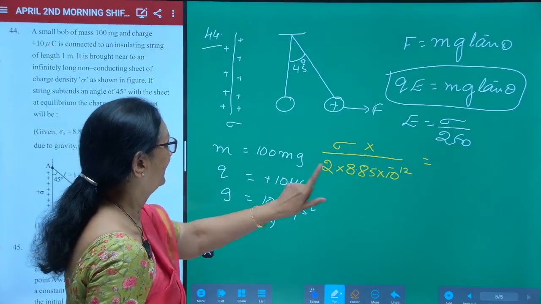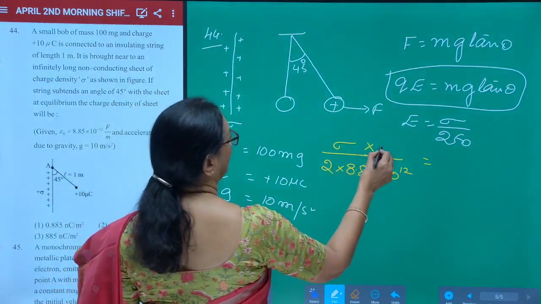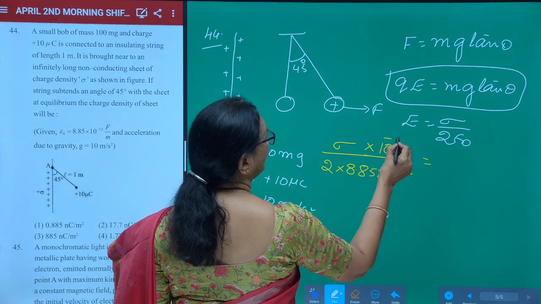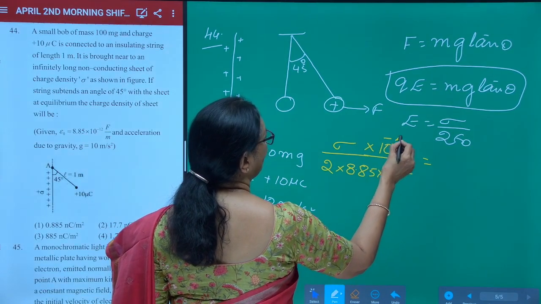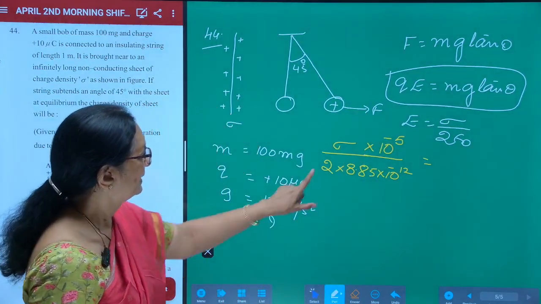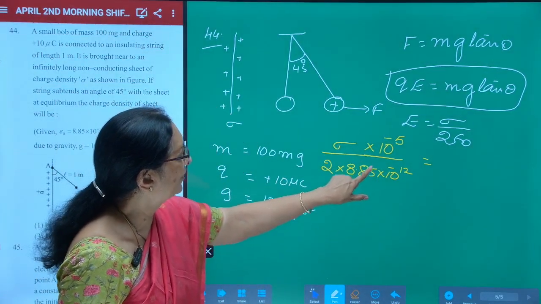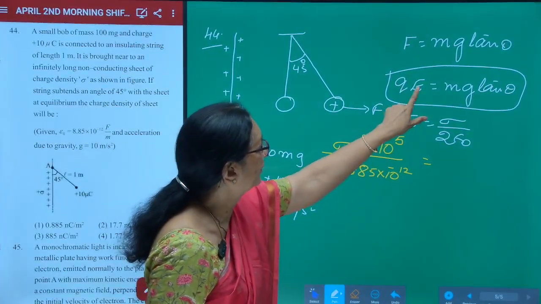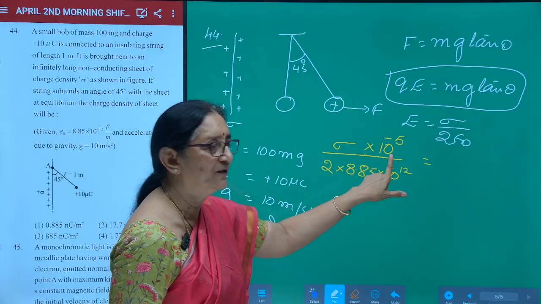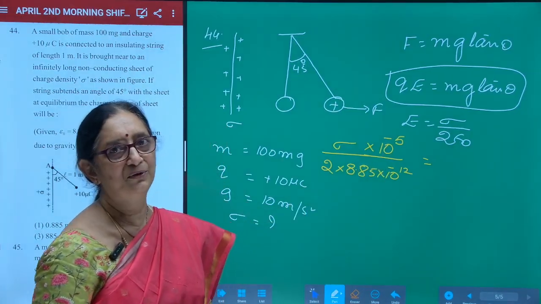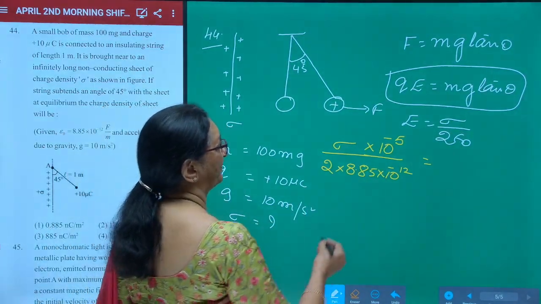So sigma by 2 epsilon naught is equal to mg tan theta by Q. Q is 10 microcoulombs. If you convert that into coulombs, it becomes 10 into 10 to the power of minus 6, that is 10 to the power of minus 5.